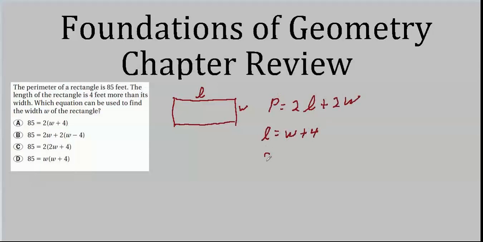So we can write 85 equals 2 times W plus 4 plus 2W. We multiply this out, we'll get 2W plus 8 plus 2W, or 4W plus 8.